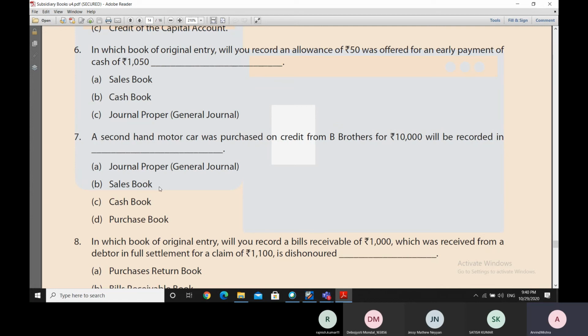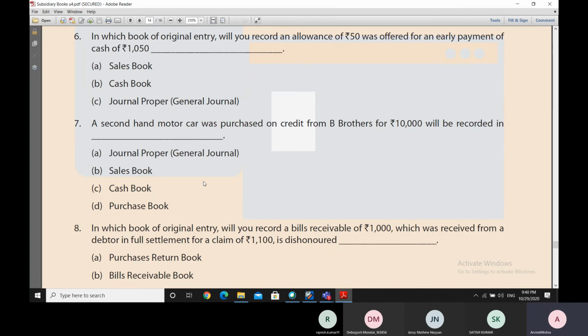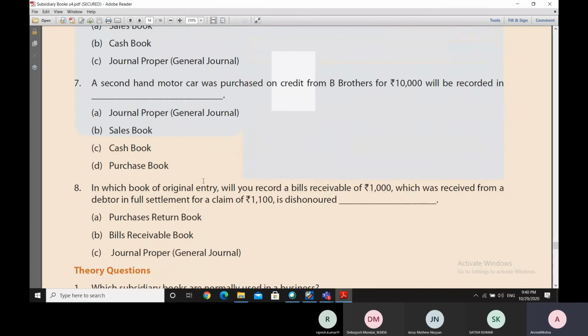So obviously, the purchase of the second-hand motor car on credit for 10,000 rupees can only be entered in the journal, which we can call the journal proper or the general journal. Difficult to pronounce two words, general journal.